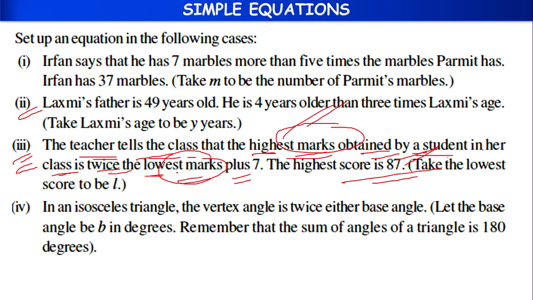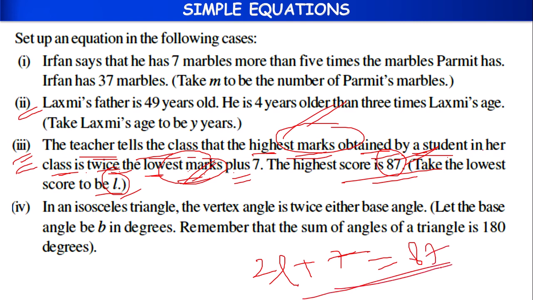Let us assume the lowest marks is L. Twice the lowest marks means 2L, twice the lowest marks plus 7, 2L plus 7 equals the highest marks, which is 87. So this is the equation.